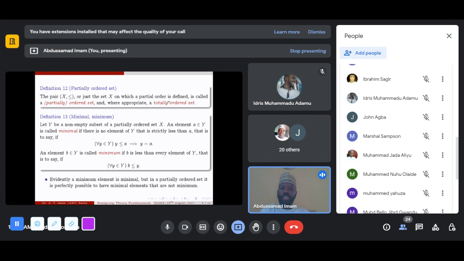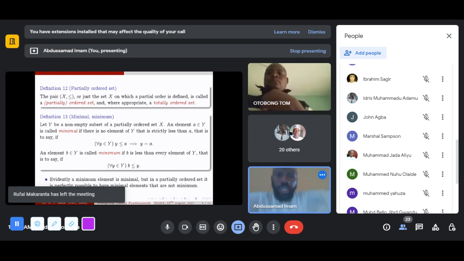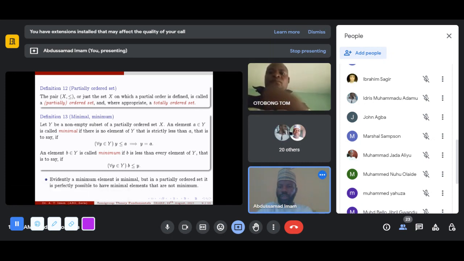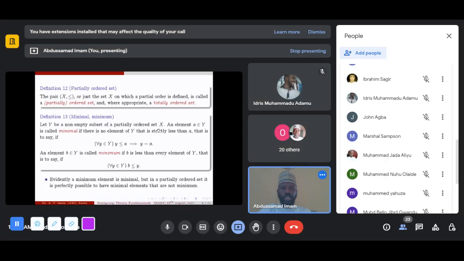Just like the set of natural numbers with the relation of less than or equal to is a totally ordered set. Now, if you are in a partially ordered set and you pick a non-empty subset Y of a partially ordered set, then an element A of the subset Y is called a minimal element if there is no element of Y that is strictly less than A.